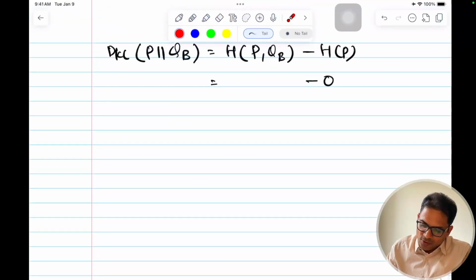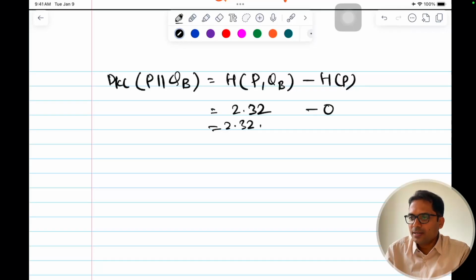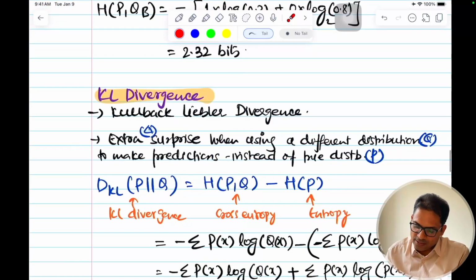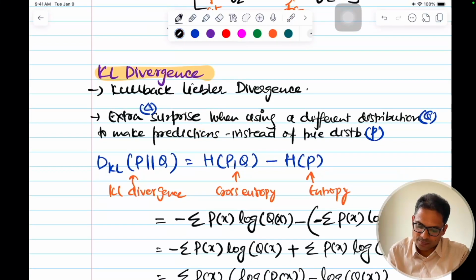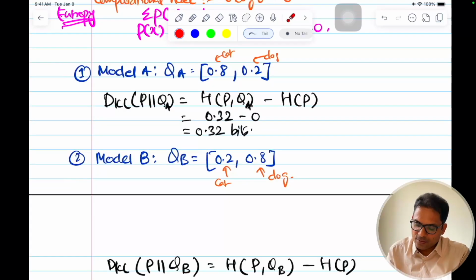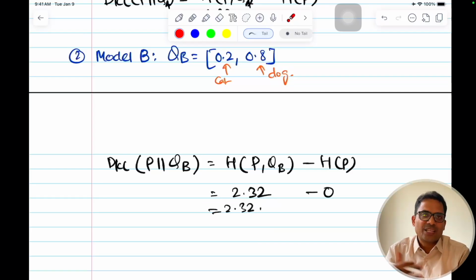So this will be 2.32 minus 0, which is equal to 2.32. This is very, very high. Model B caused a lot of information loss because, as I mentioned, KL divergence measures the extra surprise, and also the information loss, in bits. Model A only caused 0.32 bits of information loss, and model B is causing 2.32 bits of information loss. The higher it is, the further the model's prediction is from the actual truth.